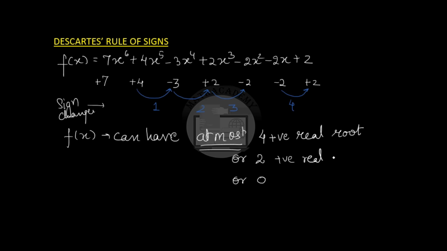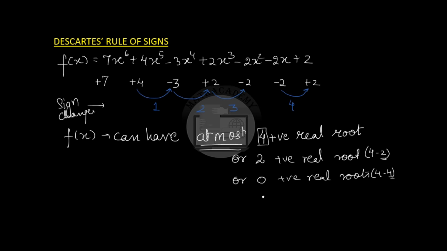Please remember that the number of possible roots will always be obtained by subtracting an even number from the number of sign changes. Here 2 is obtained by doing 4 minus 2 and 0 is obtained by doing 4 minus 4. So we always have to subtract the even numbers.